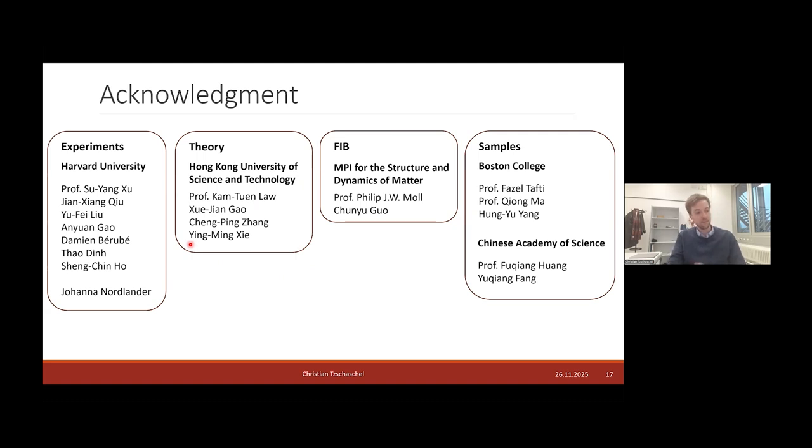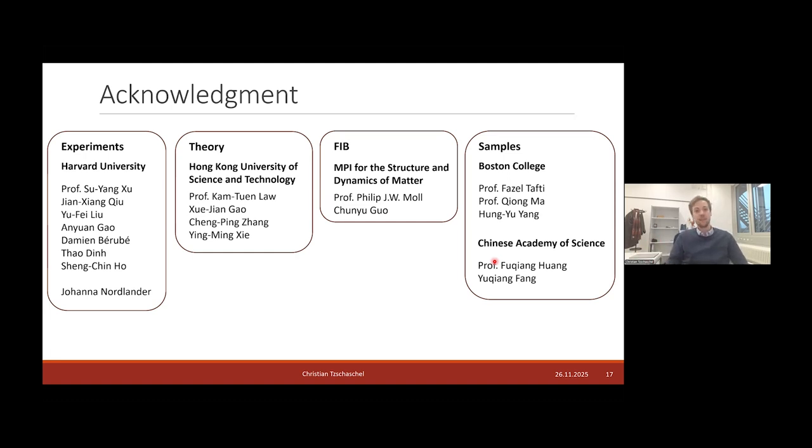The mesoscopic device, the focused ion beam milled device, was prepared in the group of Philip Moll at the Max Planck Institute in Hamburg. And samples were provided from the groups at Boston College, from Faisal Tafti, and from the Chinese Academy of Sciences in the group of Fuchang Wang.